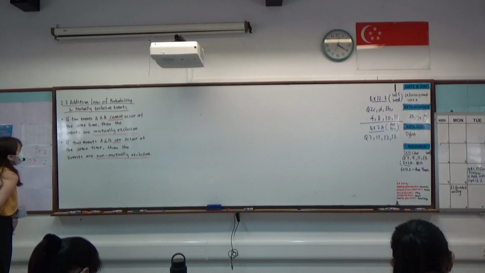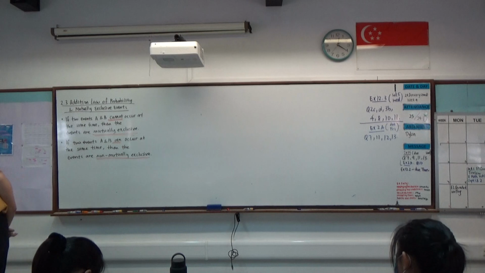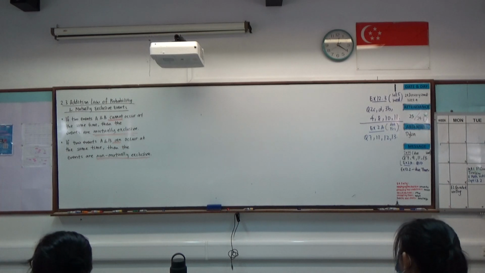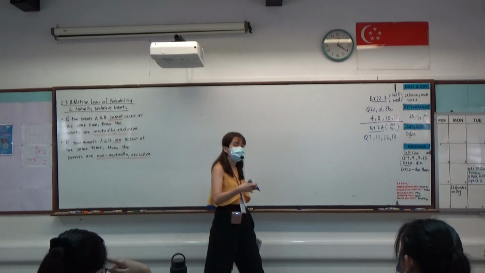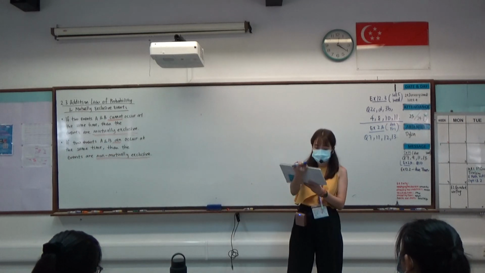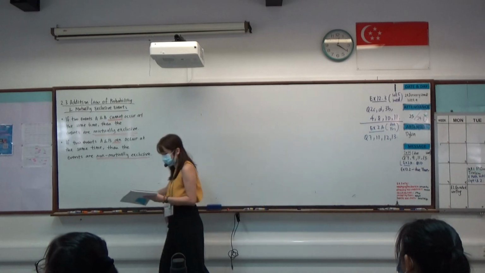Okay, so let me just explain about mutually exclusive and also non-mutually exclusive events. These are words and terms that we often see when it comes to probability. Let's have an example.